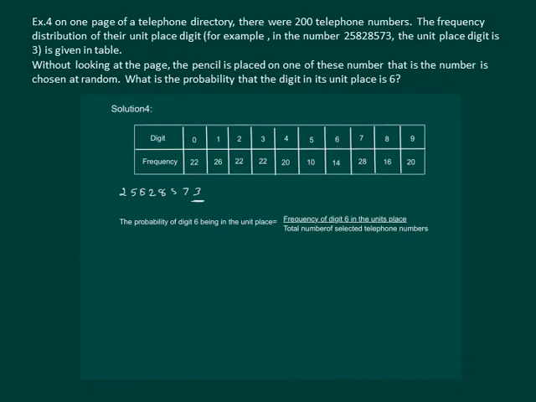So the ratio is 14 by 200, as 200 is the total numbers on that particular page of the telephone directory. This comes out to be 0.07. Similarly, we can obtain the empirical probability of the occurrence of other numbers on the units place.